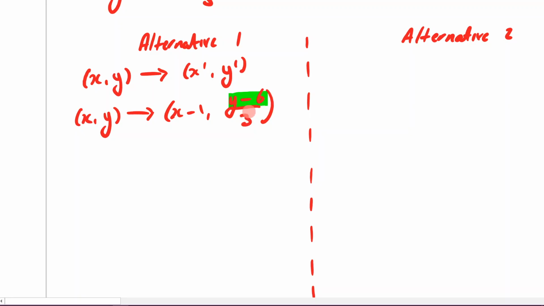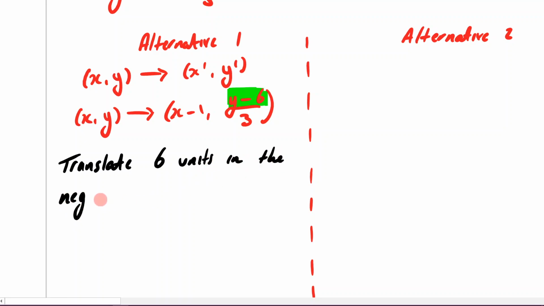Then I divide by 3. But the first thing that happens is I subtract 6. That's the first thing that happens to it. So that means a translation is happening first. So I'll come here and I'll write translate 6 units in the negative y direction.